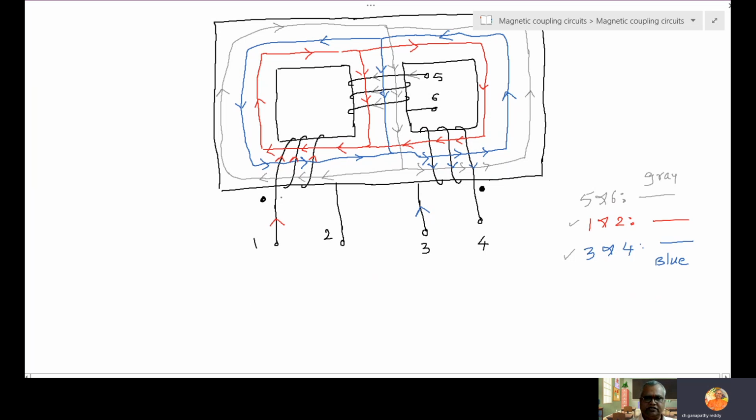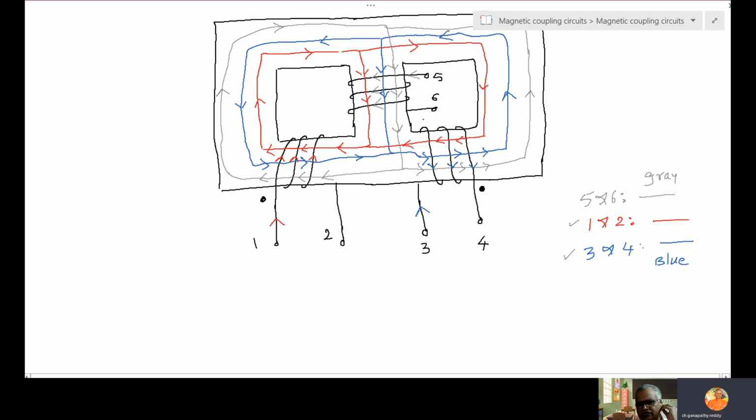If both the fluxes are in the same direction, I will place dots at 1 and 3 or 2 and 4. Here fluxes are flowing in opposite direction, therefore I am placing dots at 1 and 4. Because I am sending current from 1, 3, 5. Not necessary, we can select 2, 4, 6 also. You can select 1, 3, 6.